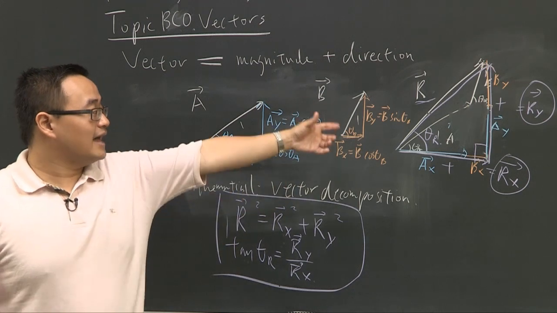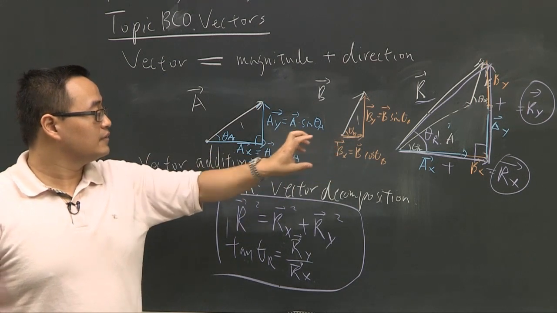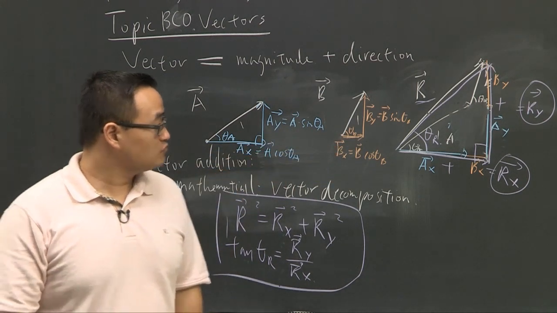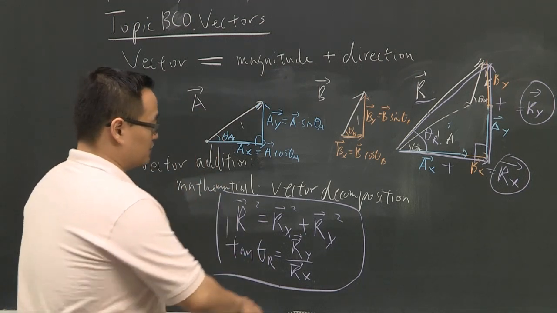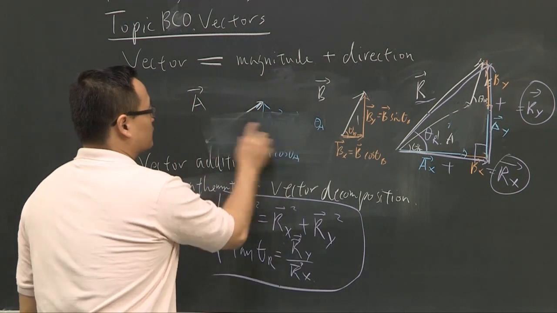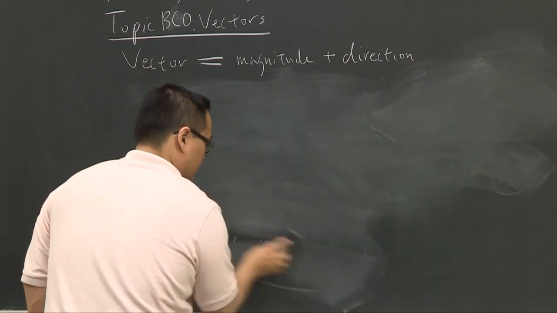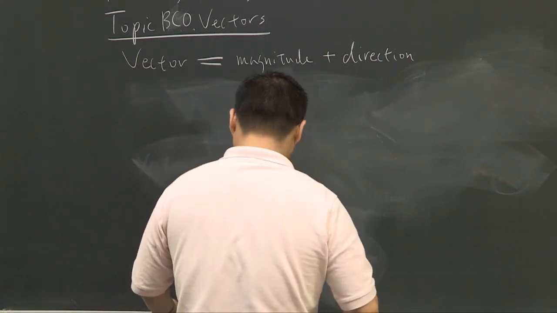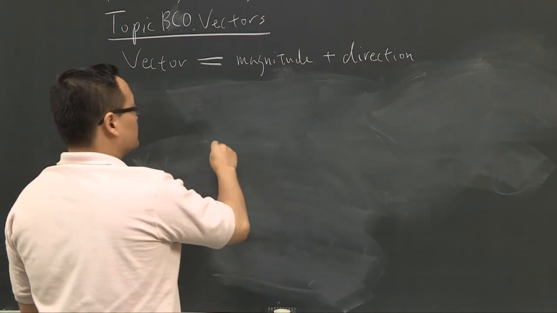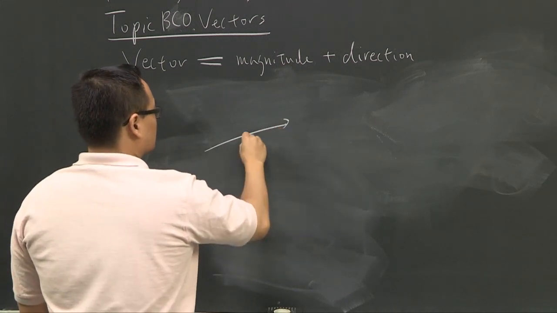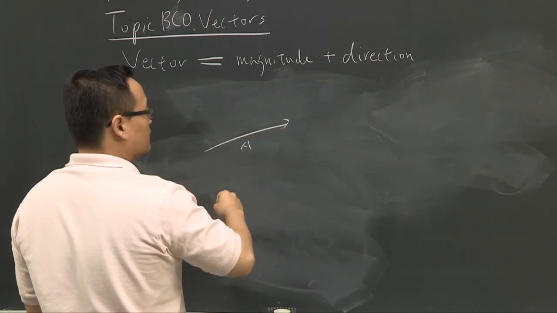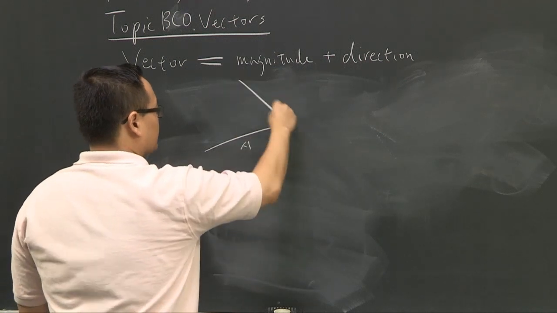And that's how you do this. So, let's take a look at another example, see how simple and straightforward this is. What if I have a vector that looks like this, right? And another vector that looks like that.